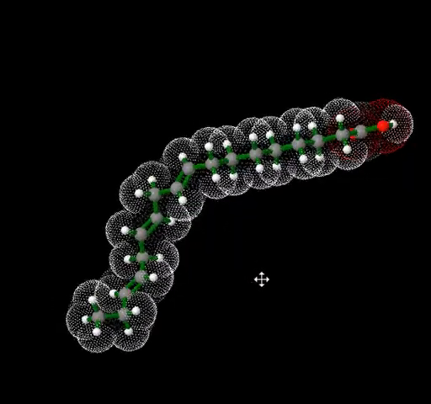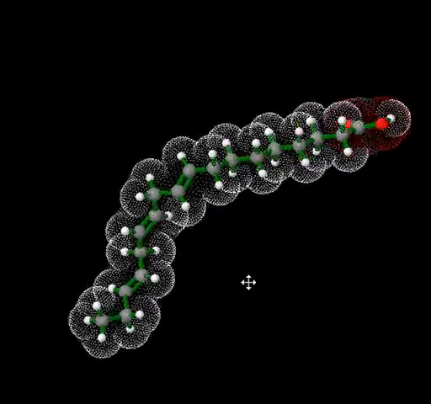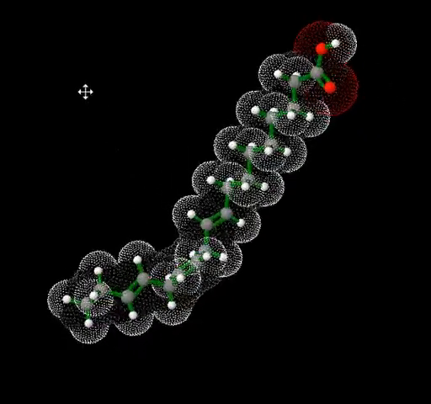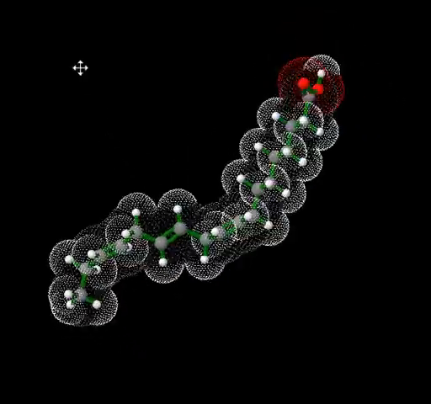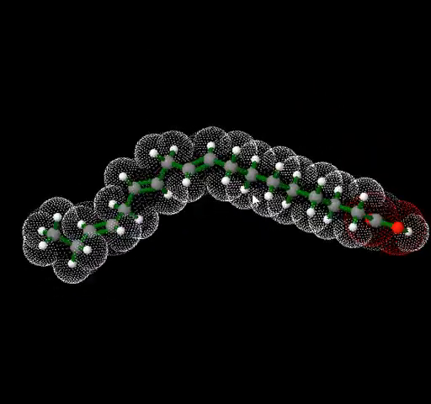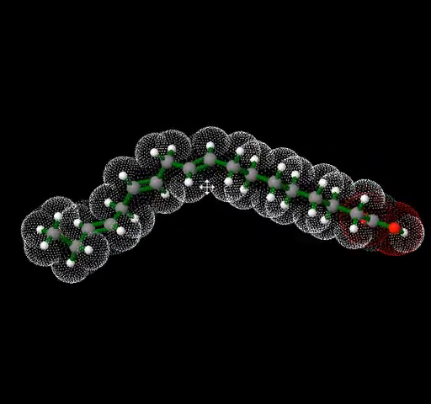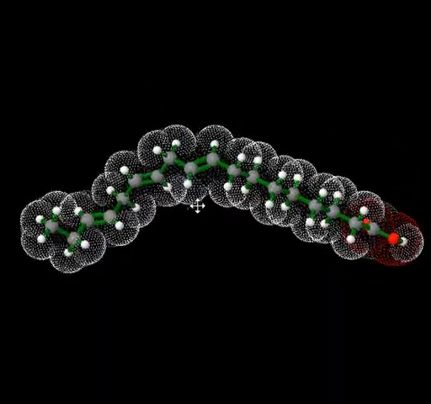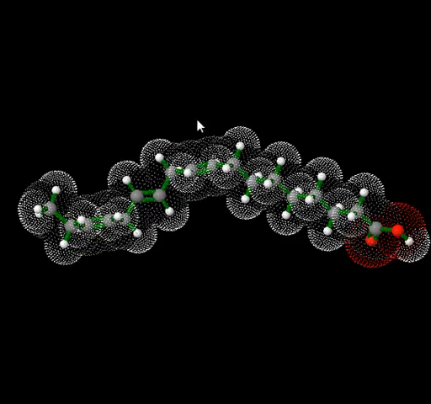One thing that I want to show here is that these bonds, in this case, create a little bit more of a kink in this molecule. You can see that there is one right here, and the interesting thing is that we have a kind of cis bonding here.